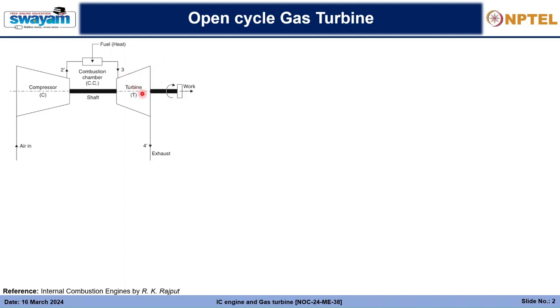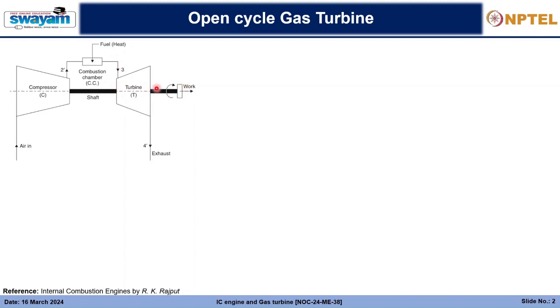Its enthalpy will decrease, and that enthalpy difference will be transferred into mechanical work. So it will rotate the turbine, and some amount of this work will be consumed in rotating the compressor, and accordingly we will have a net work which goes to the output of the power plant.